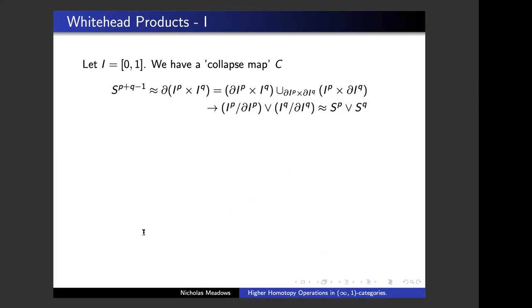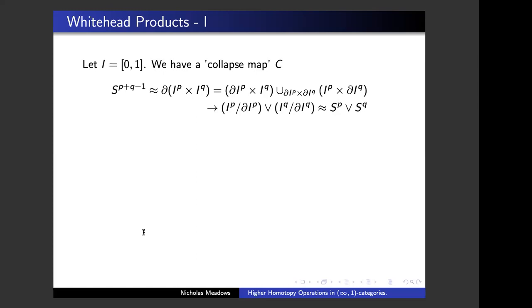The (p+q−1)-sphere is homeomorphic to the boundary of I^p times I^q, which can be identified with a pushout of the boundary of I^p times I^q, I^p times the boundary of I^q, glued along the boundary of I^p times the boundary of I^q.